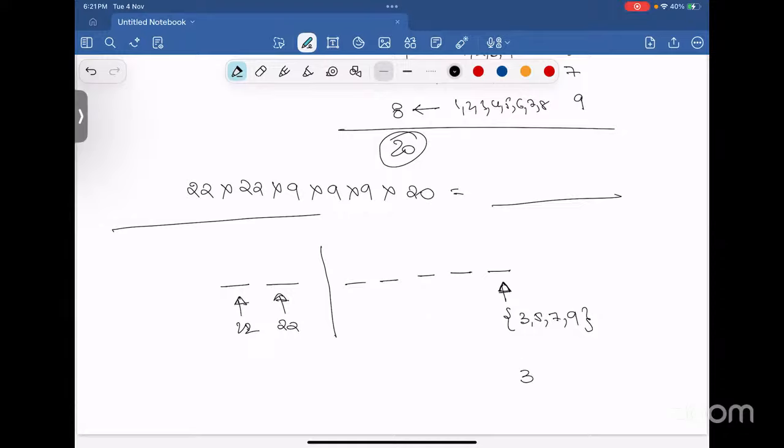If I choose 3, then there are 2 possibilities for the second last digit, 1 and 2. And no matter which one I choose, I will have, not 8, sorry, I'll have 7 possibilities for the third digit. Then 6 possibilities for the fourth digit. And 5 possibilities for the fifth digit. Right? Because I have used 3, and I will use either 1 or 2.